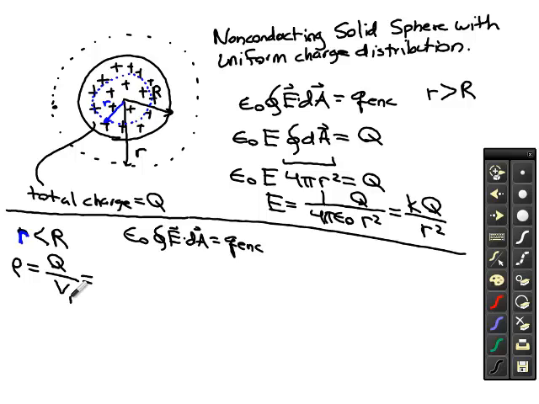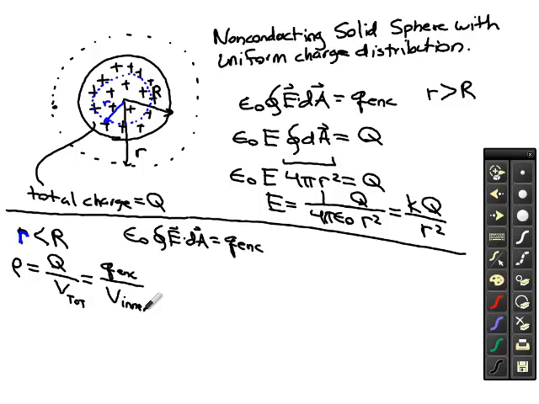So I'm going to say Q enclosed over this inner volume, inner. Because we're talking about density, it's a characteristic property, I could take the whole charge divided by the whole volume and get rho, or I could take the little bit of enclosed charge divided by a little bit of the volume that's enclosing it and get the same answer.